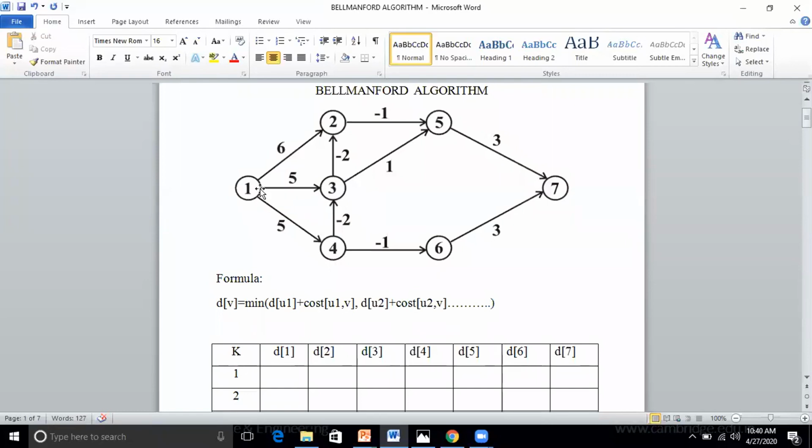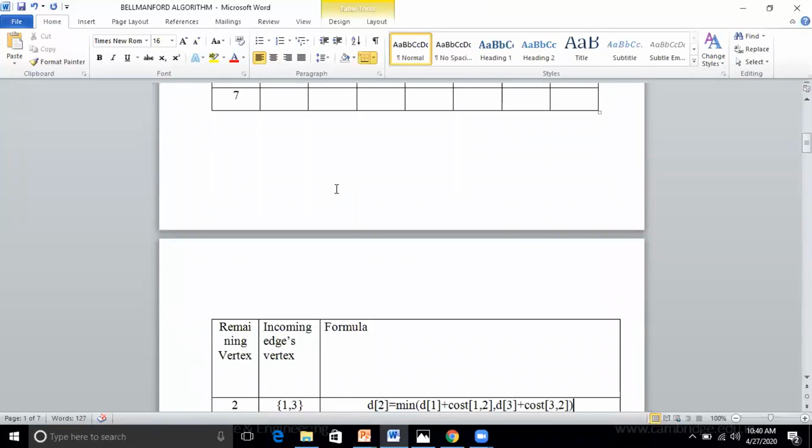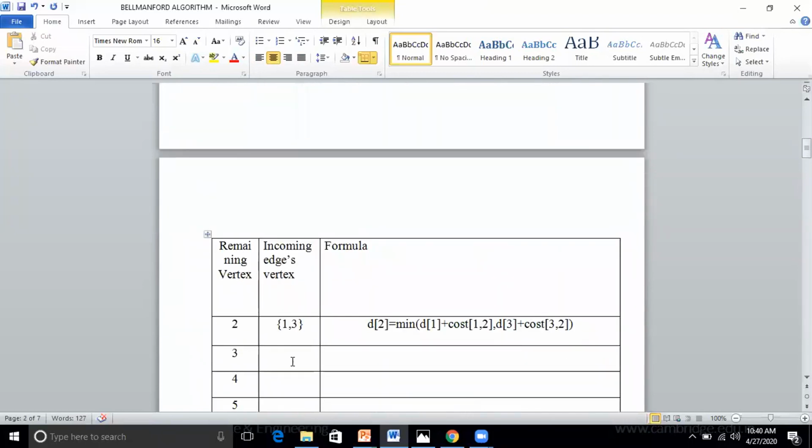Which are the incoming edges? Can you see the incoming edges? 1 and 4. Yes, sir. So the incoming vertices are 1 comma 4. Now, can you tell me the formula here?